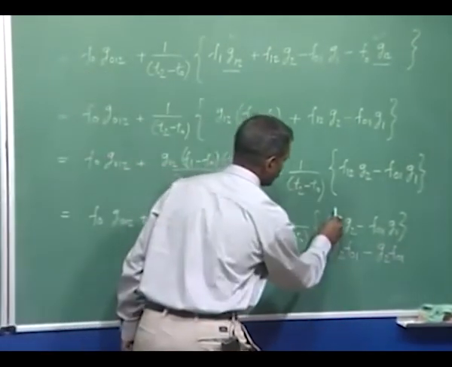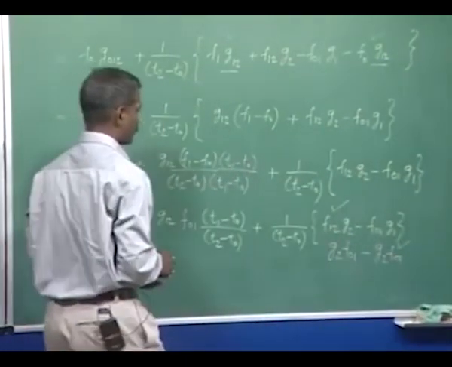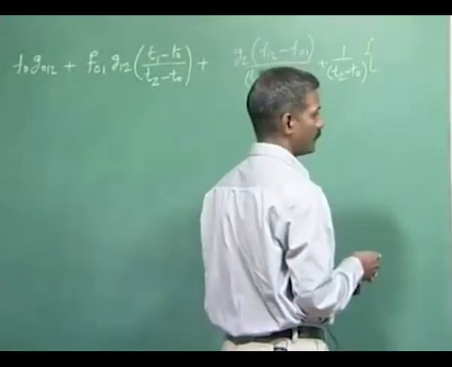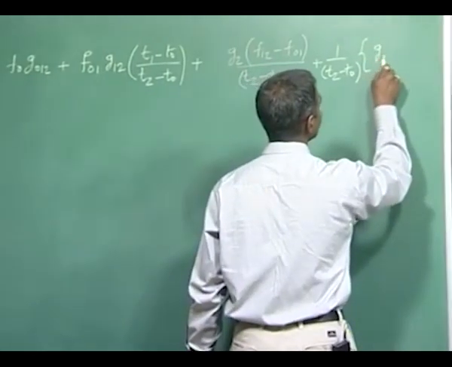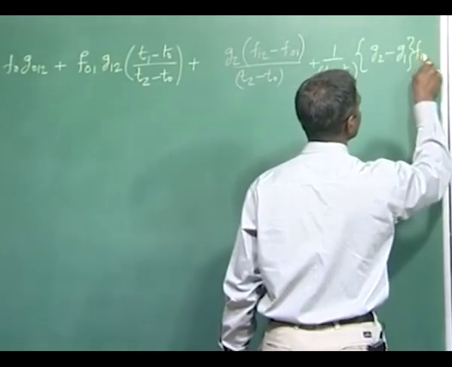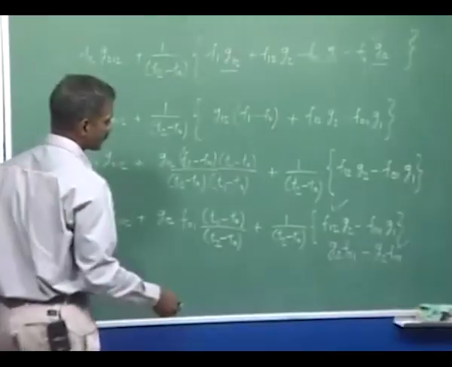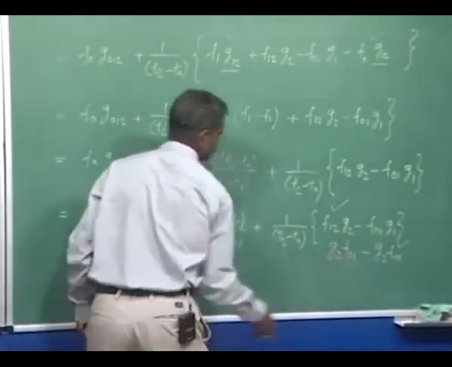So I had considered this term here and this term here. What I am left with is G2 minus G1 times F01. If you notice, F01 is common between these two terms.